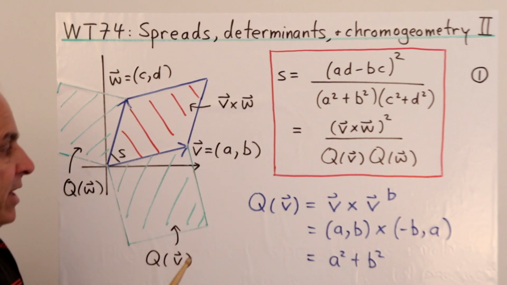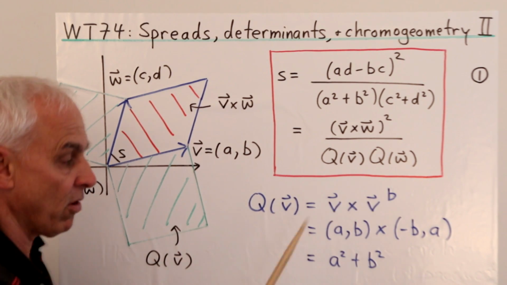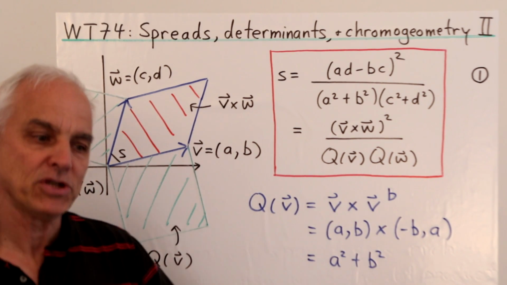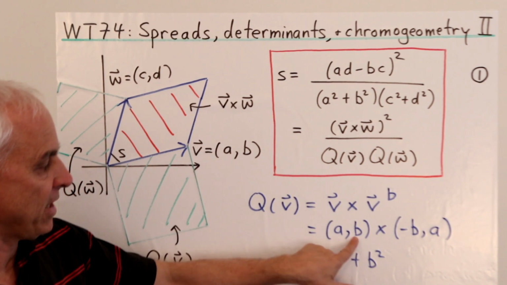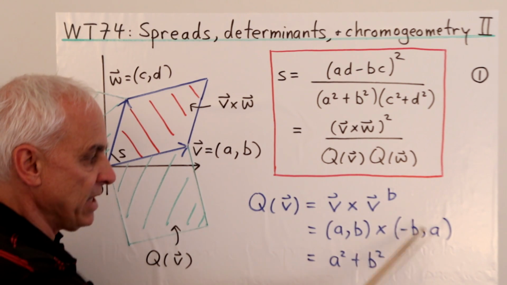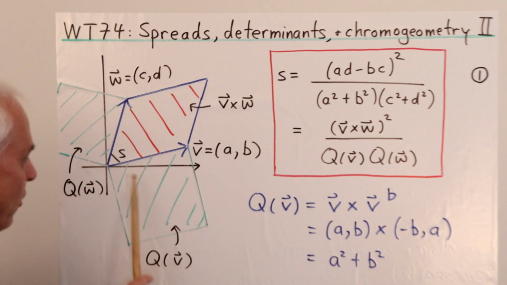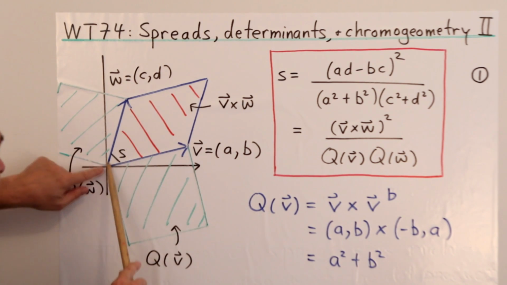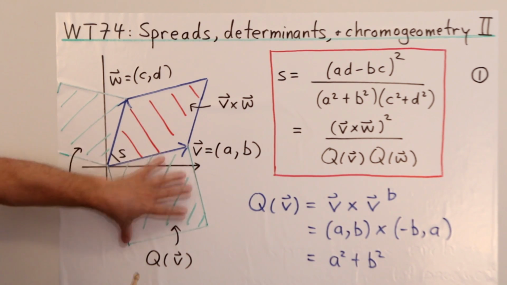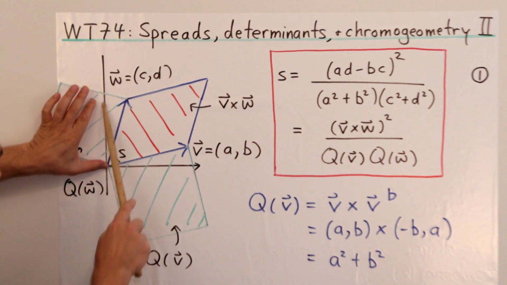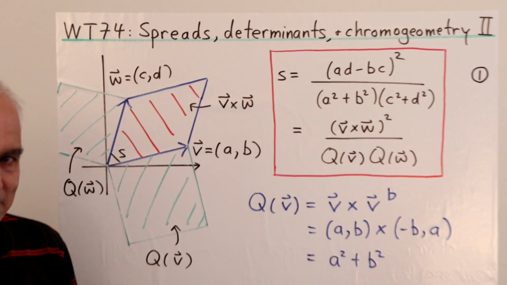And we can also interpret it here as a cross product between vector v and what we might call v super b, which is the rotation of the vector v. So if v is AB, then v super b is minus BA, and that's a rotation by a quarter of a turn. So physically, if this is v, then v blue would be up in this direction here. And I'm drawing the square on this side, but it's probably a little bit more honest if I drew it like this, but then it would overlap the current diagram.